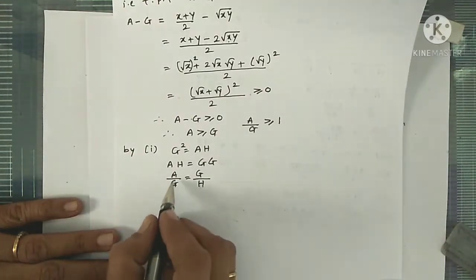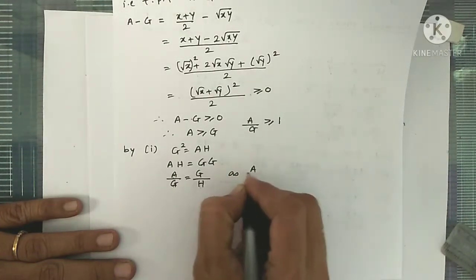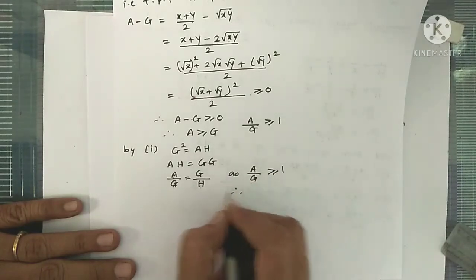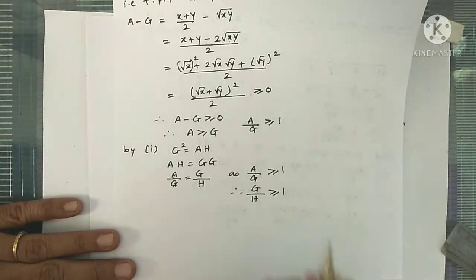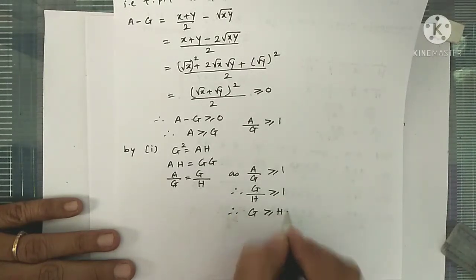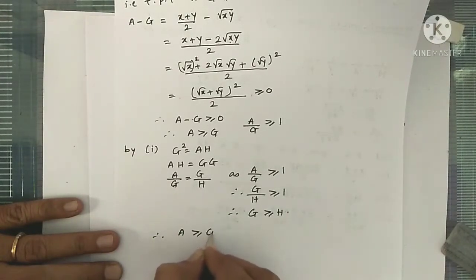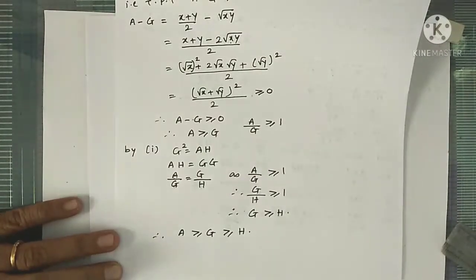So the left side is greater than or equal to 1, as a upon g is greater than or equal to 1, and a upon g is g by h. Therefore g upon h is also greater than or equal to 1. Therefore g is greater than or equal to h. Therefore a is greater than or equal to g, and g is greater than or equal to h.